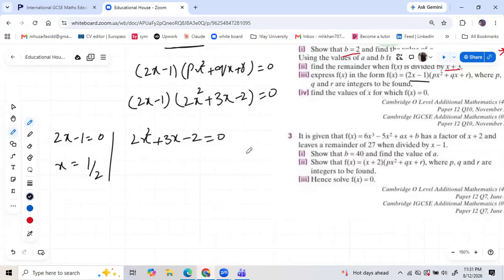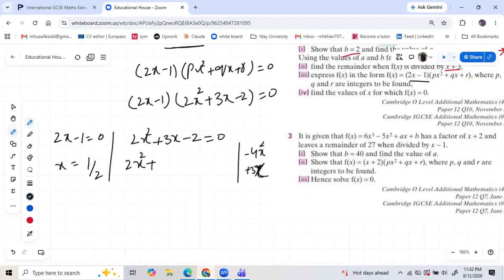Our factor is minus 4x squared, and if we add or subtract, this is 3x. So this is 4 and 1.